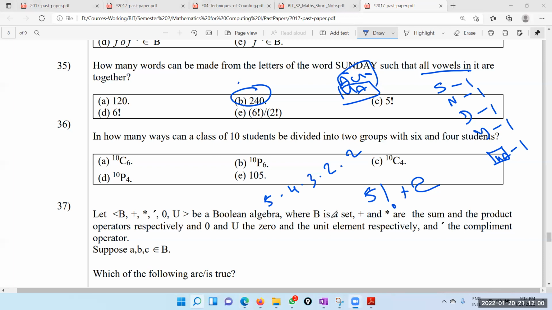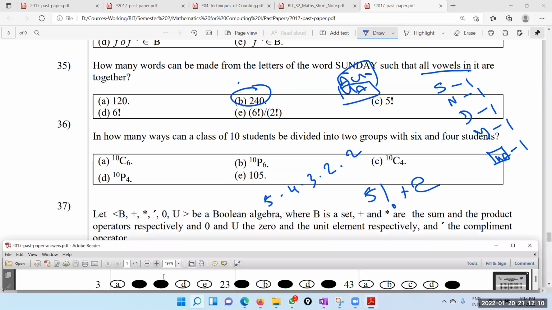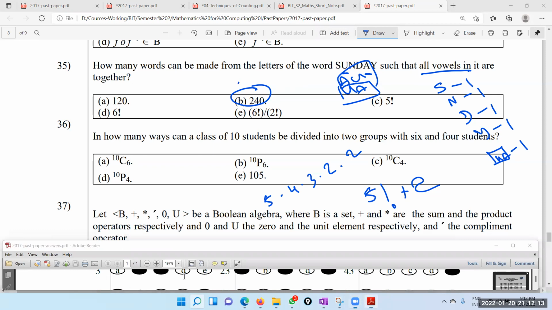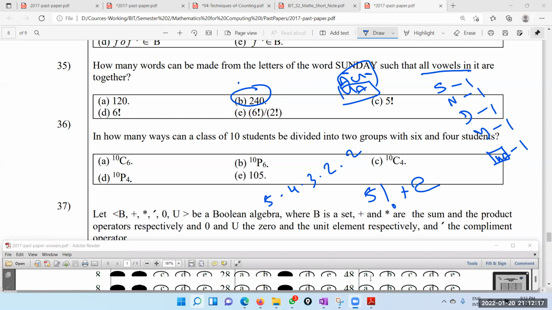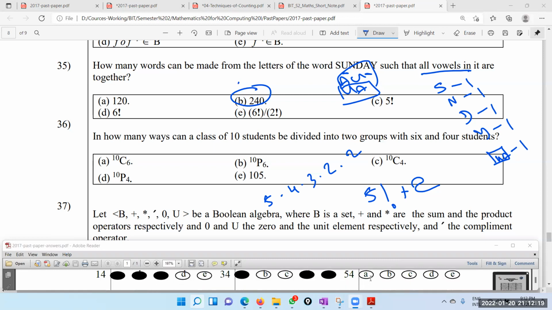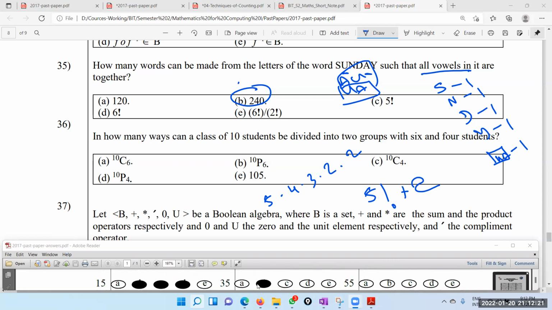Yes, B is the answer. Let's see whether the answer is right. The answer is B, 240.